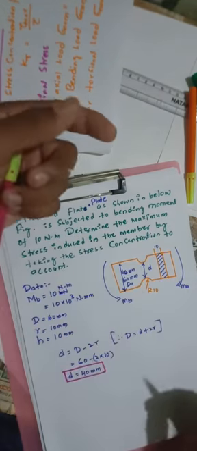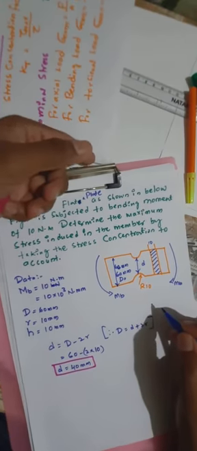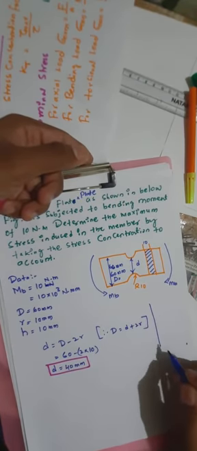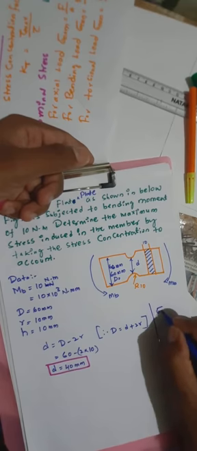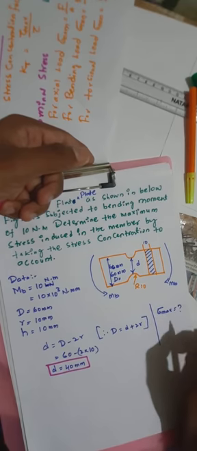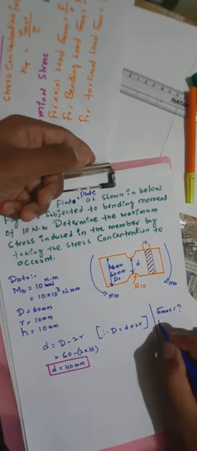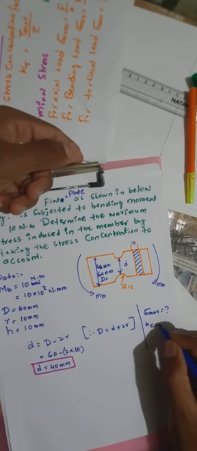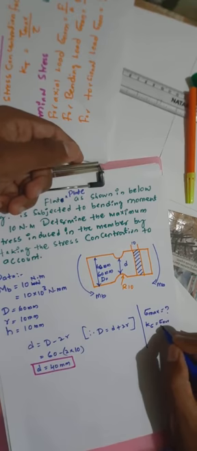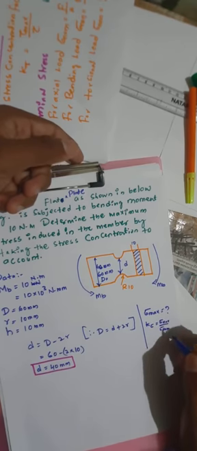Here we need to find sigma max, which we don't know. For that, K sigma is equal to sigma max divided by sigma nominal. So what is the sigma nominal here?